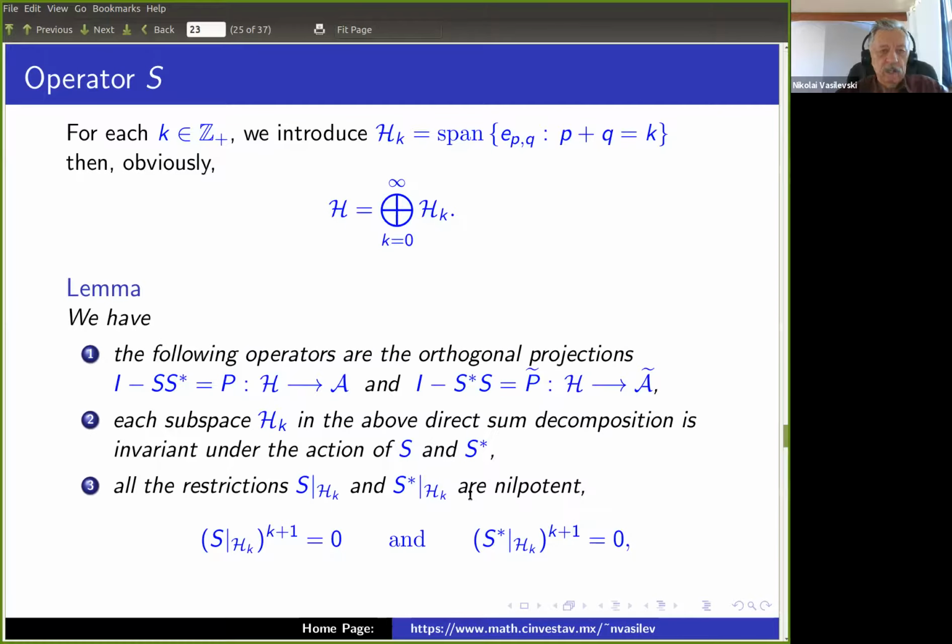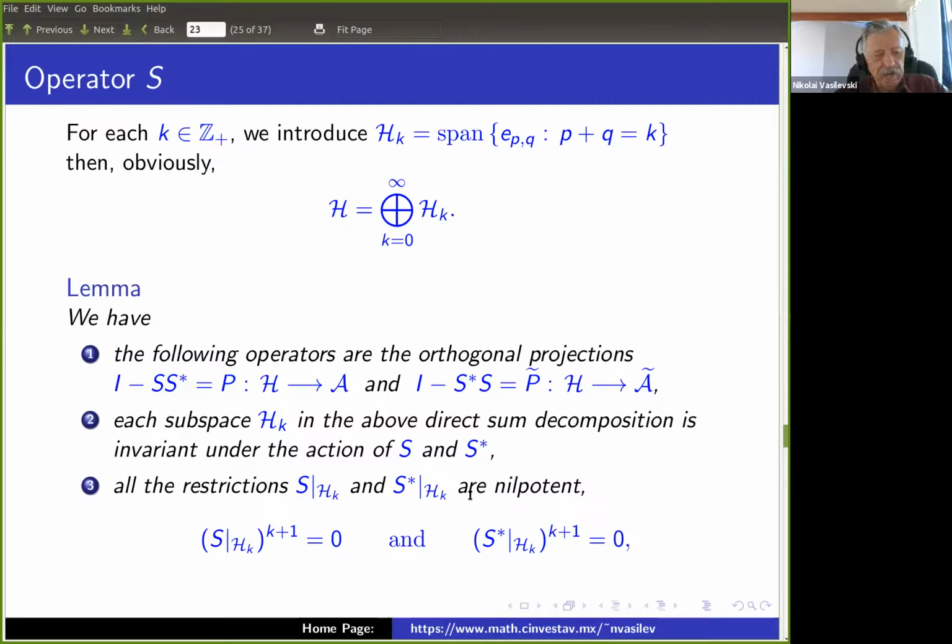Well, we can decompose our space H into an infinite direct sum of finite-dimensional spaces HK. HK is the linear span of all basis elements such that P plus Q is equal to K. Now, let us formulate the properties of our operators S and S star.